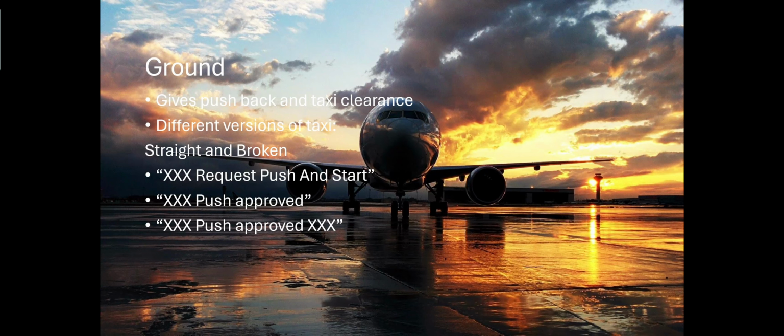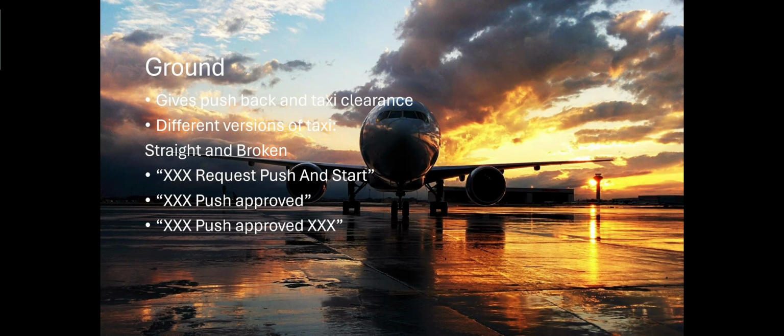So here we have ground, which controls everything on the ground except for the runways, which tower controls. Most of the time they give pushback and taxi clearance. One thing to note, there are different versions of taxi. There is straight taxi and broken taxi. Straight taxi is where they give you a taxi straight to the holding point of your runway.